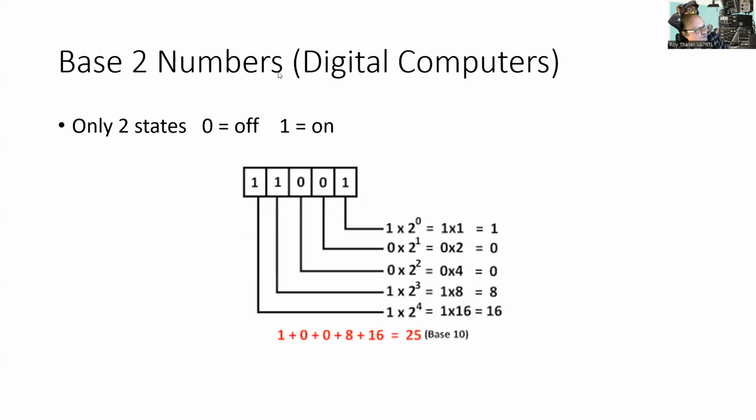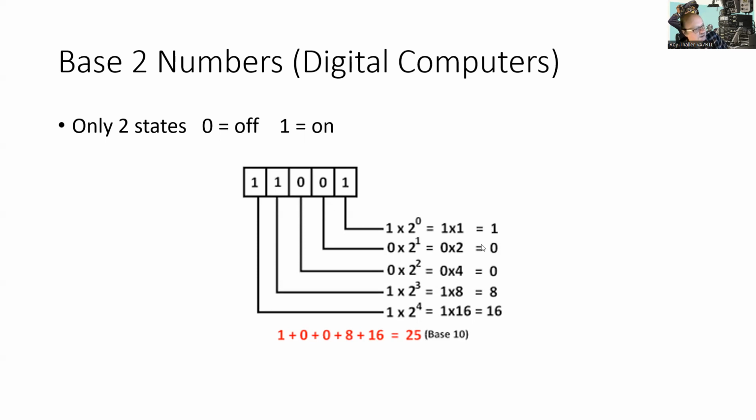So if you look at base 2 now, this one represents either 0 or 1. This one represents 2 to the first power. The third column here is 2 to the second power, which is 4, and then 2 to the third is 8, and 2 to the fourth power, which is 16. So if you had this number here, 11001 in binary, you would go through the same process.